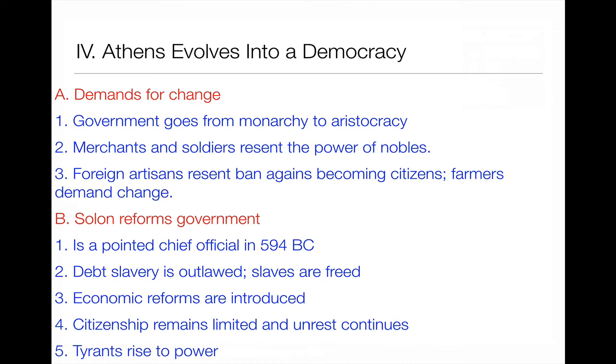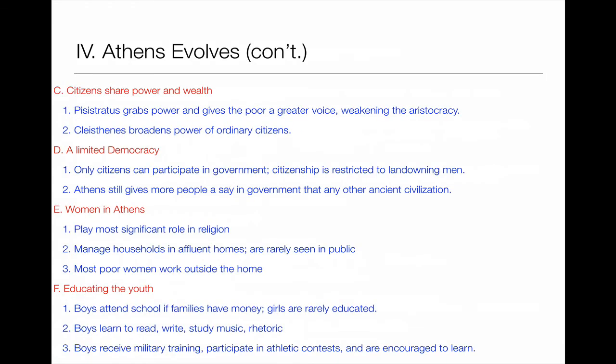However, the citizenship still remains small, and this continues the unrest, and eventually this leads to a tyrant or tyrants stepping up, which, don't get me wrong, tyrants can be evil, but we're going to go over a couple of them here that actually did really good things for Greece.